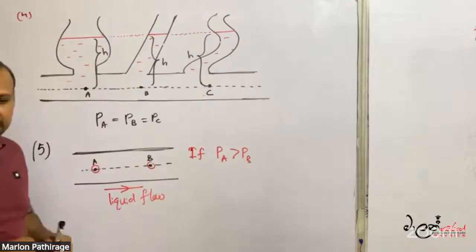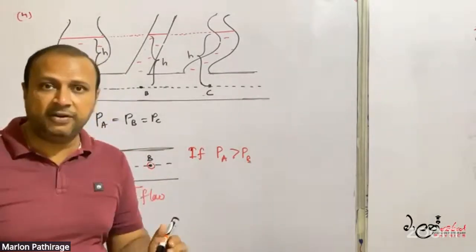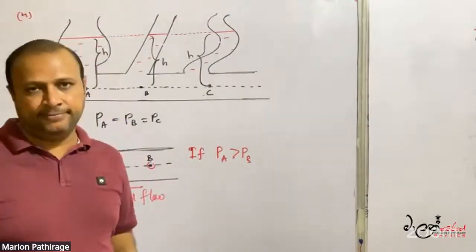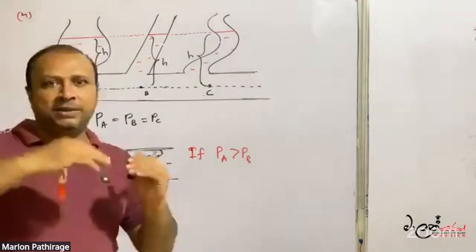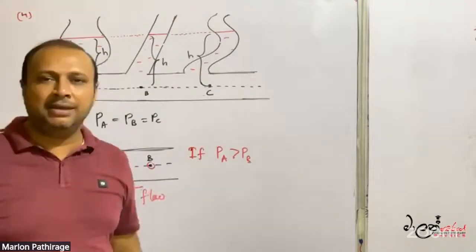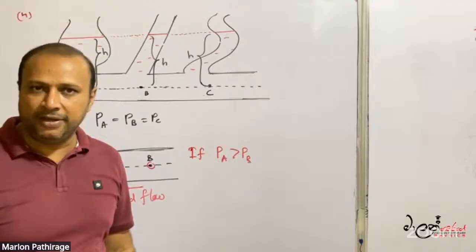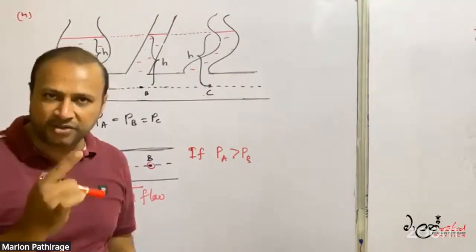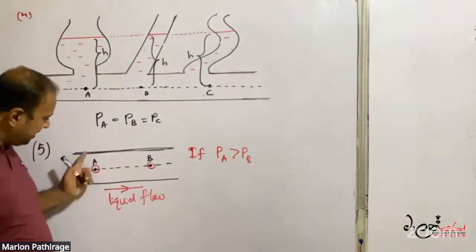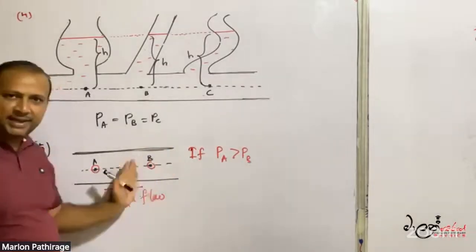If there's a pressure difference on the same horizontal line, definitely this liquid cannot be at rest condition, because the force exerted from this side is higher than the force exerted from this side.